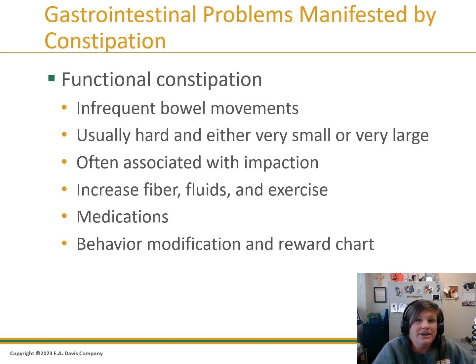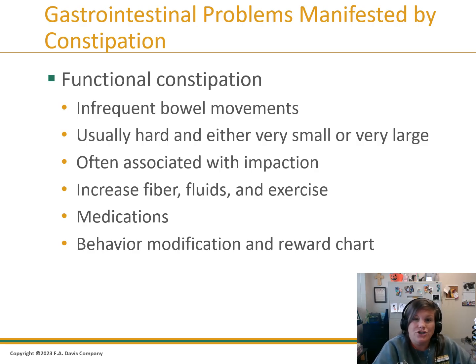They could be very large, like we've kind of been impacted and now all of a sudden it's coming out, or it can even be situations where it's a very small amount. And usually that's due to some hydration concerns, or even maybe some kind of blockage, which we'll talk about in a second. But functional constipation is essentially the bowel movements becoming less frequent, harder in nature, and more difficult to pass.